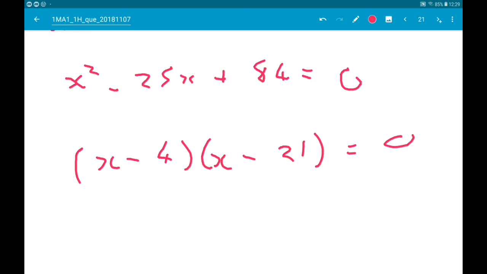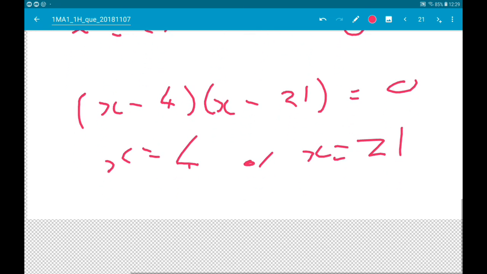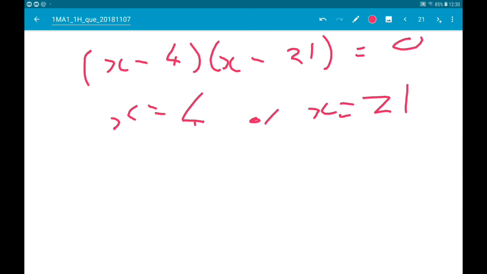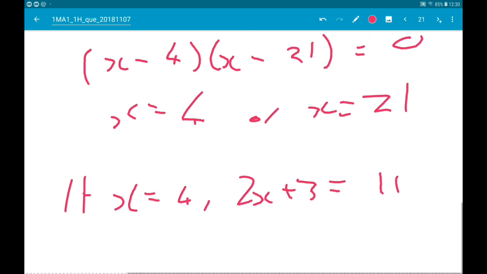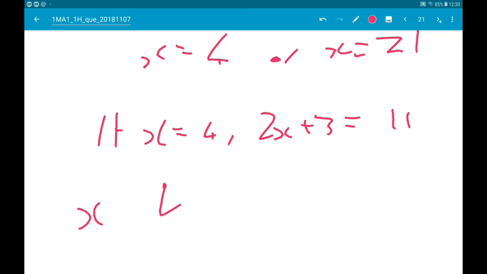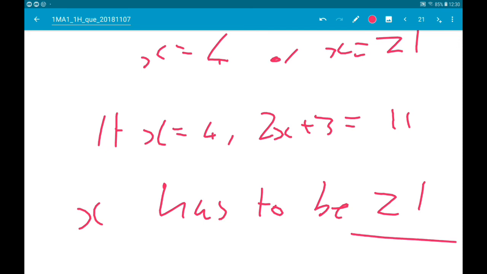Now, either x is 4 or x is 21. Remember that x is the number of green pens in the box. If x was 4, 2x add 3 would only be 11. We were told the total number of pens in the box is greater than 12, so x has to be 21, and that is officially the hardest GCSE question I've ever seen.